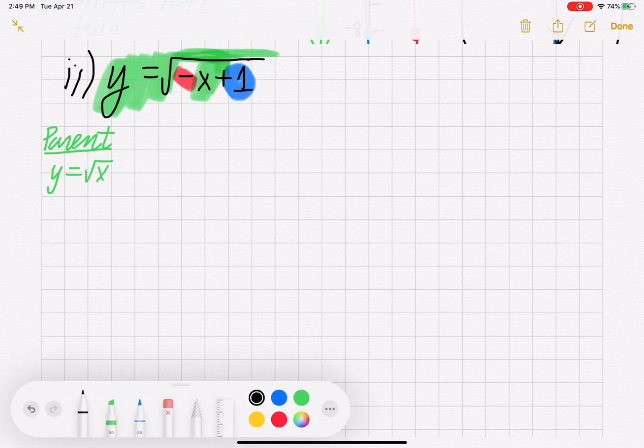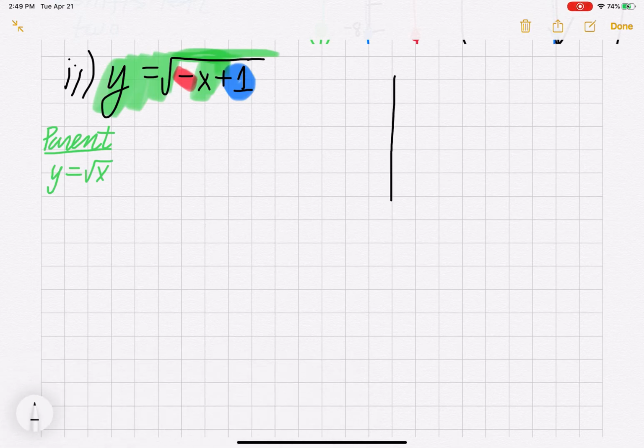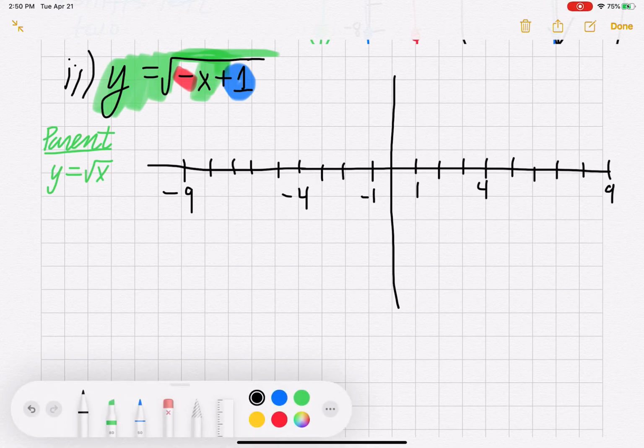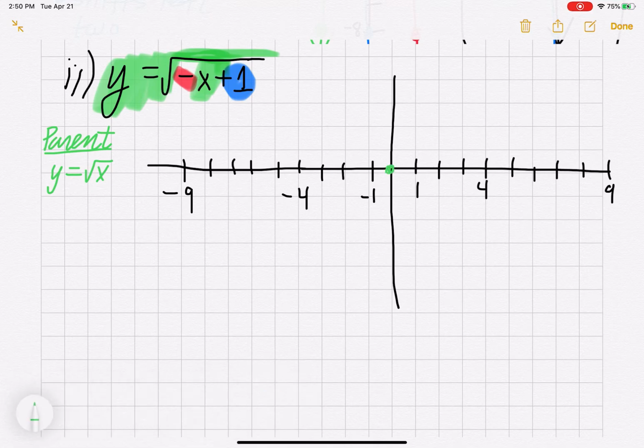So let's think about that parent for a second. It's one we're familiar with, I believe. So key points for the parent are what? 0, 0. 1, 1.